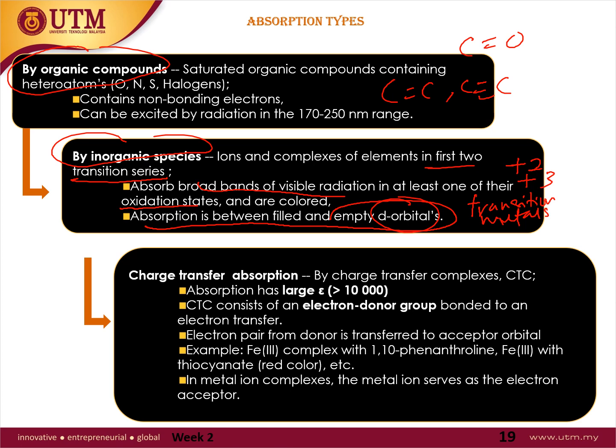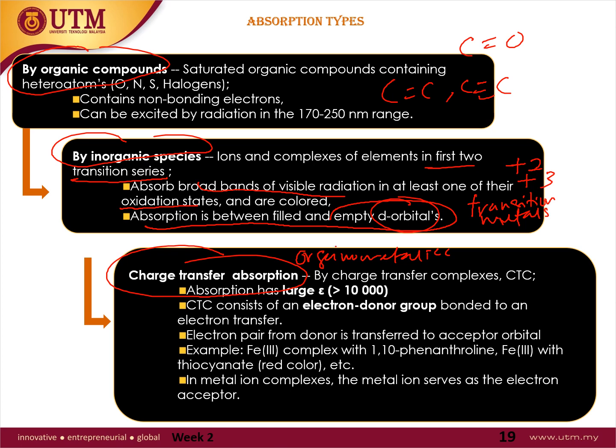Okay, what if you have inorganic species and you want to complex it with an organic compound? This is where you have the organometallic. Yang tadi cakap agak complicated tu, organometallic. So this is what we call charge transfer absorption.